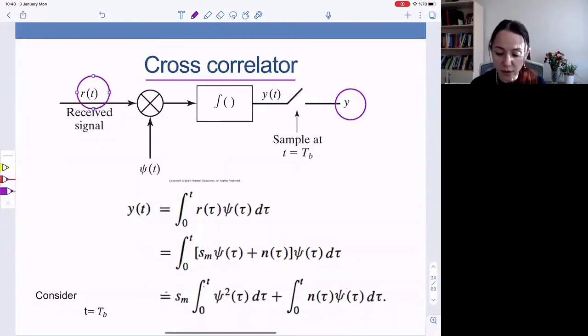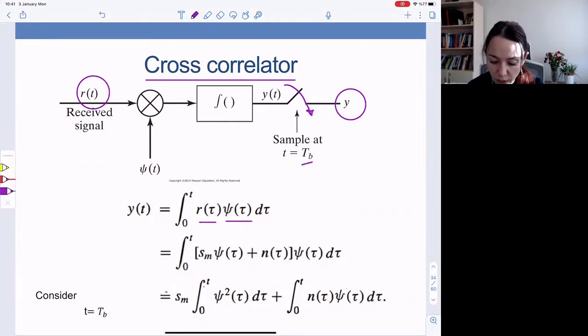Take the received signal and correlate it with the basic pulse shape phi(tau), the basis function phi(t). So r(tau) phi(tau) integrated from 0 to T, and then sample the result at the end of the bit interval, TB.